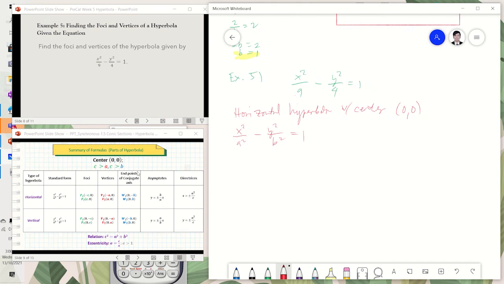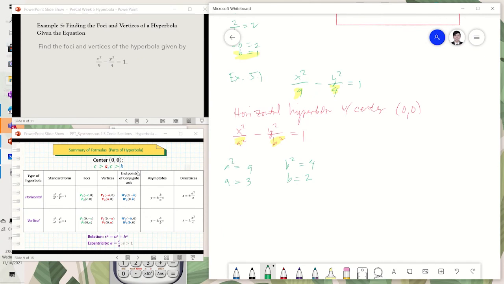For the a squared, that's a 9. So that's a 3. And then for b squared, that's a 4. So b squared is equal to 4. And the square root of both sides, b is equal to 2.